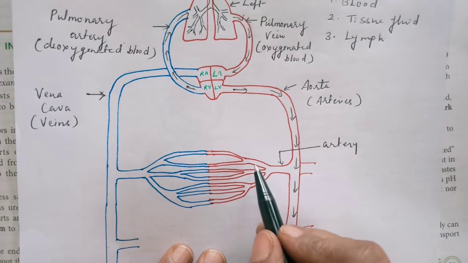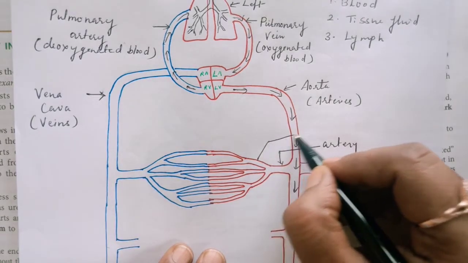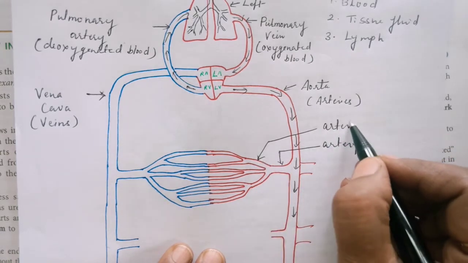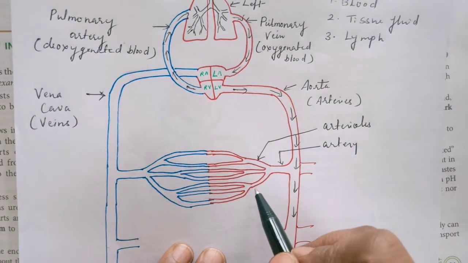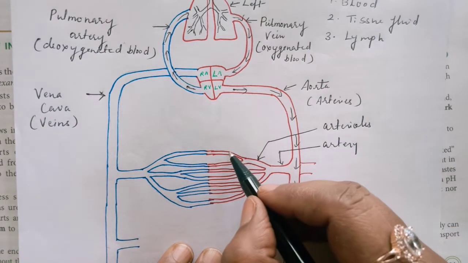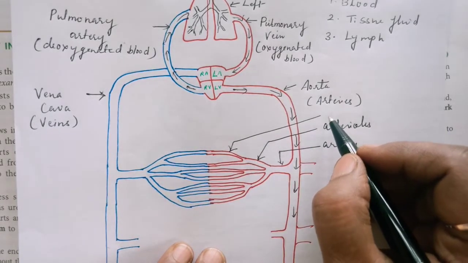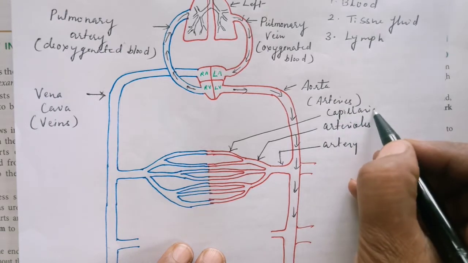We can see here that still more branches are there. So the artery subdivides and produces vessels which are known as arterioles, and these arterioles again subdivide and produce another, much narrower type of blood vessel, which are known as the capillaries.